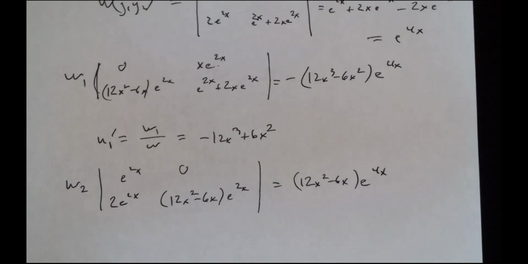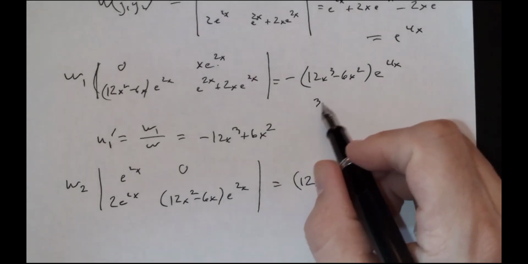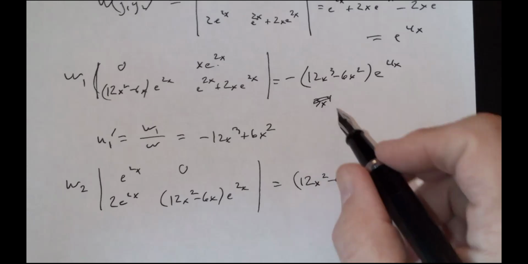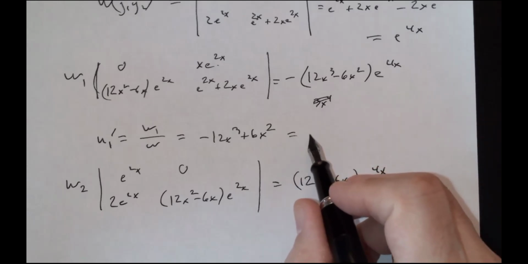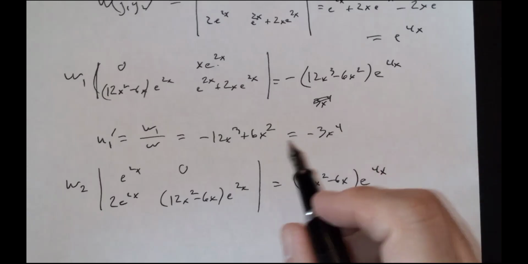Like if you take the integral of, say, the 12x cubed, you would get 3x to the 4th, and that constant, the 3, just stays there. Yeah.